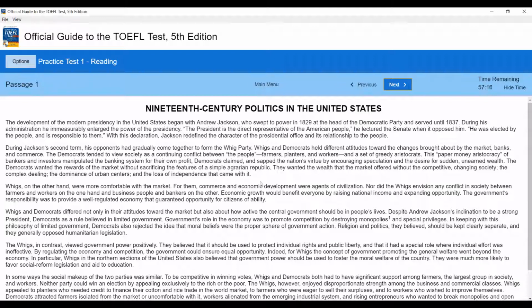Now what I would normally recommend is, well, there are 3 things when students ask what they should do in the first few minutes with this reading passage. One way to do this is to read the entire passage.